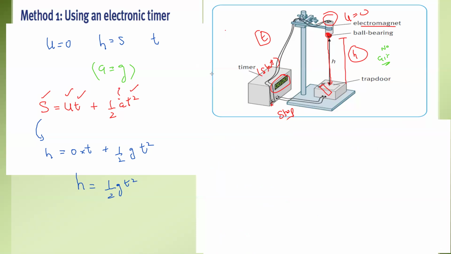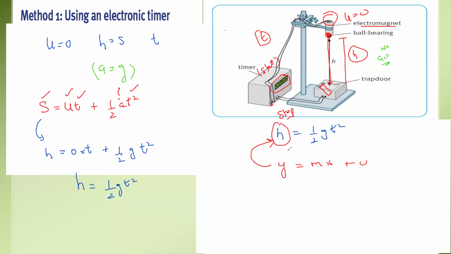Whenever you want to identify which graph to plot, you always compare with the equation of a straight line. This is our equation, h = ½gt². If I compare it with the straight line equation, y = mx + c, what does it mean?